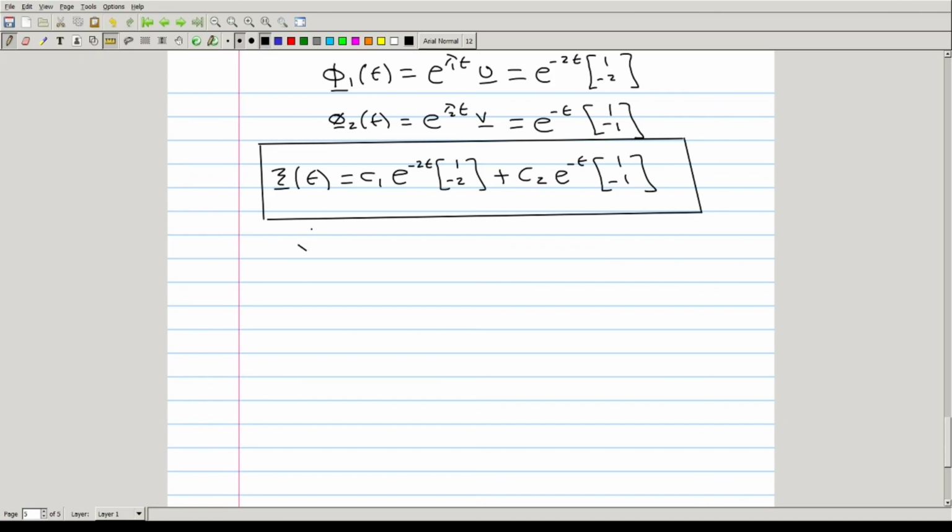Now, to specify an initial condition, we can go through and satisfy this by plugging in the initial condition, which is x of t naught is equal to x naught, which becomes equivalent to c1 e to the negative 2t naught plus c2 e to the negative t naught, and negative 2 times c1 times e to the negative 2t naught minus e to the negative t naught times c2.